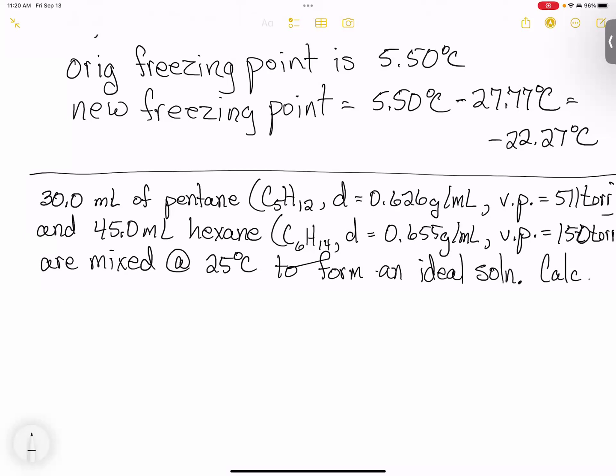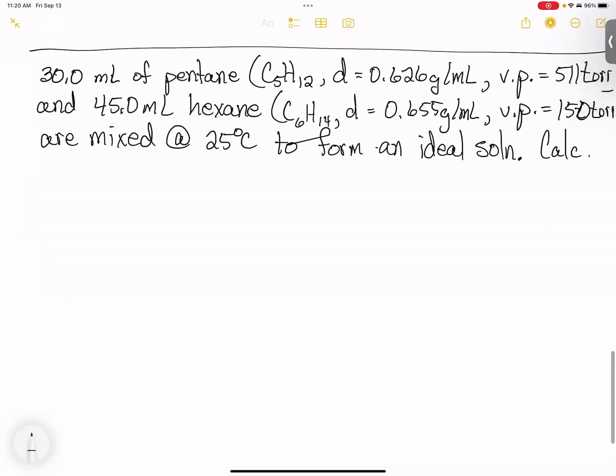Calculate the vapor pressure of the solution.